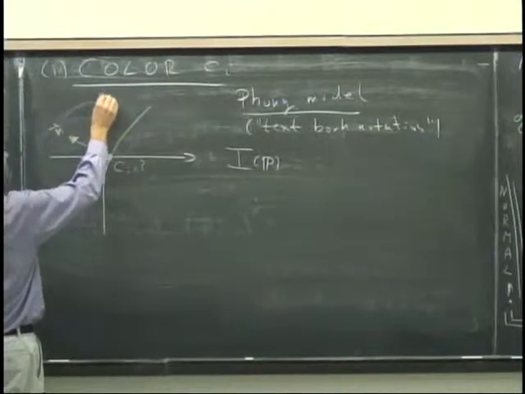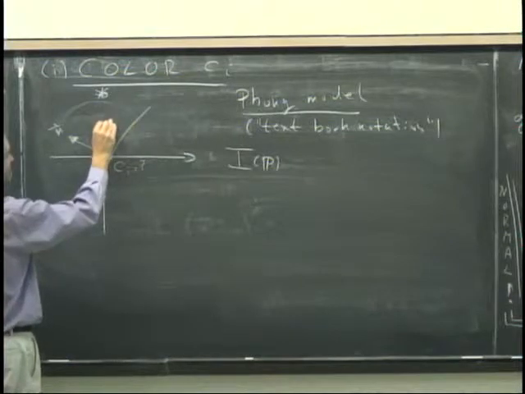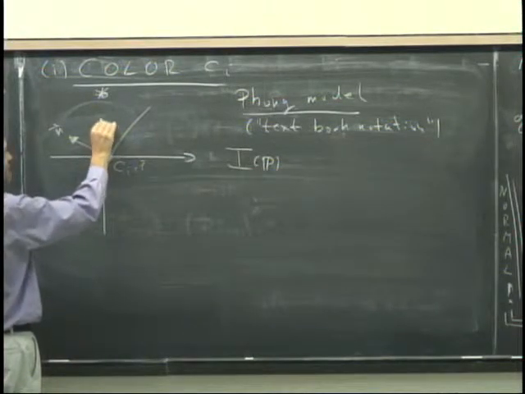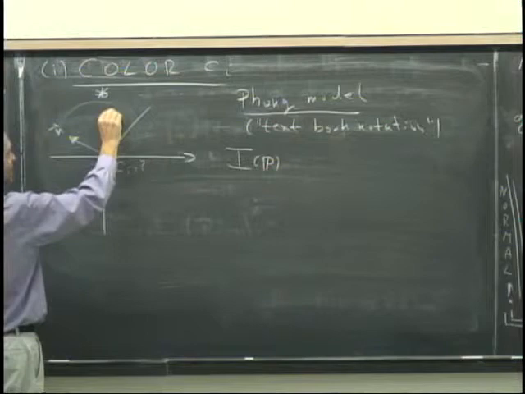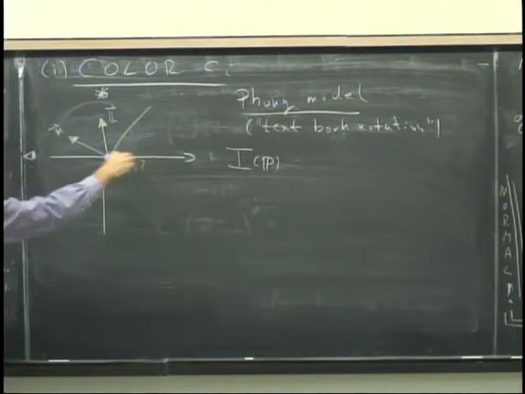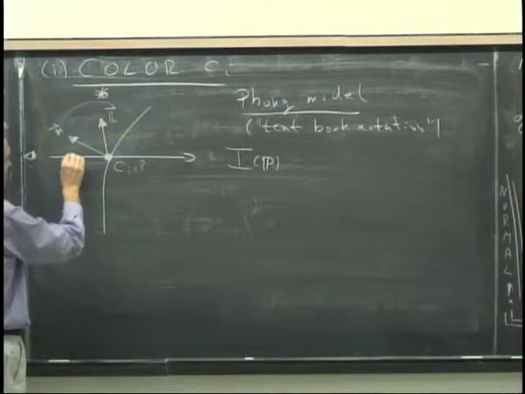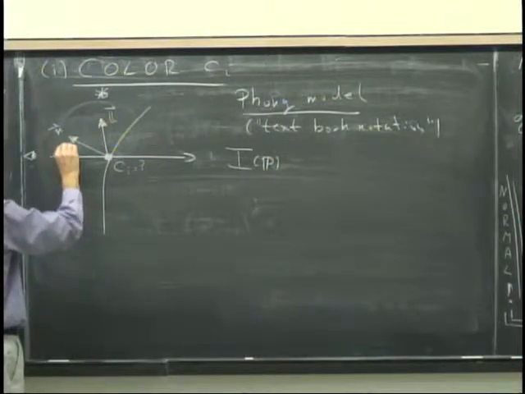Then there's a light source somewhere in the Phong model. Then there's a vector that goes from the point being illuminated to the light source. It's usually called the light vector. Then there's a view vector, the vector from the point to the eye. And of course, that is the direction of the ray itself. So here's the view vector.